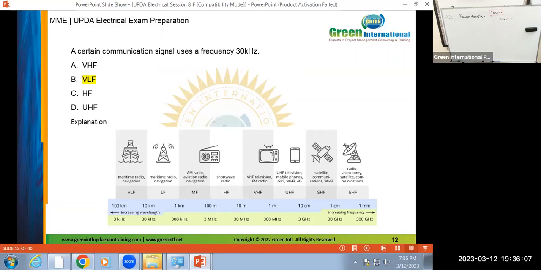And here the applications are also mentioned in the diagram itself. We understand the applications because in the previous slides I put a tabular column, and in that tabular column we didn't know where we use the low frequency and where we use the high frequency.